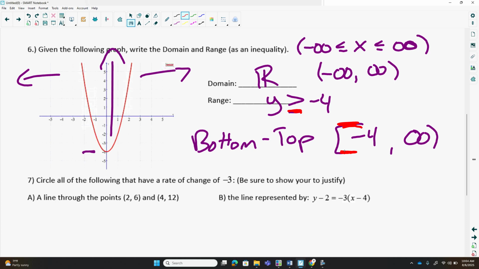Okay? Where a parentheses is a nice curve, right? Where it's not exact. So had this been a parabola that was dotted like this, then it would be -4 like that. So it would not include -4 in the picture of your domain. Okay? So that's for future that we'll be talking about when we're doing piecewise statements.